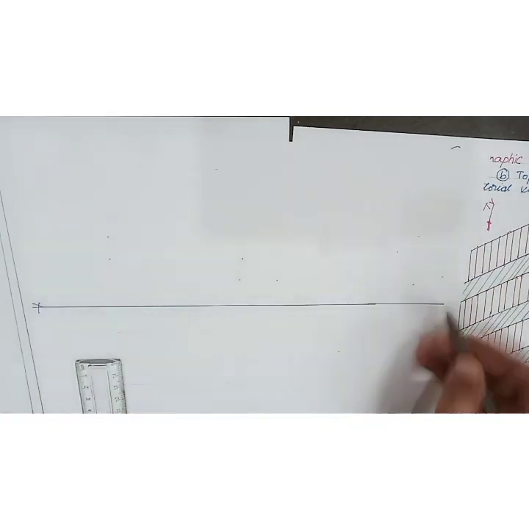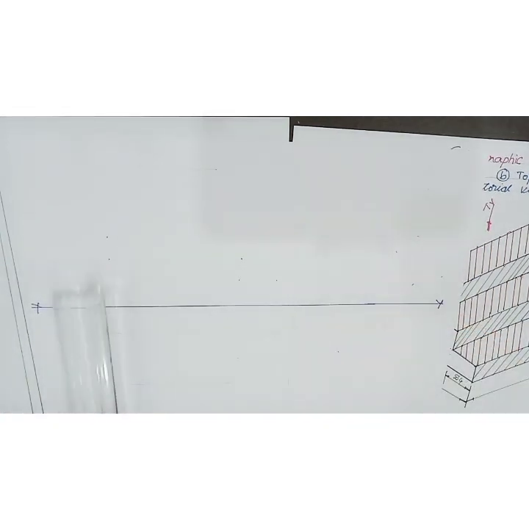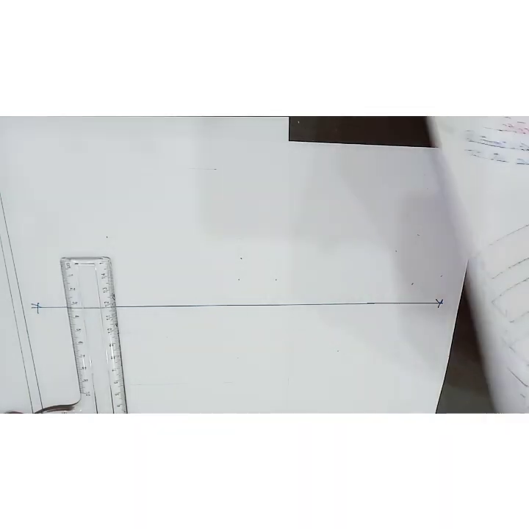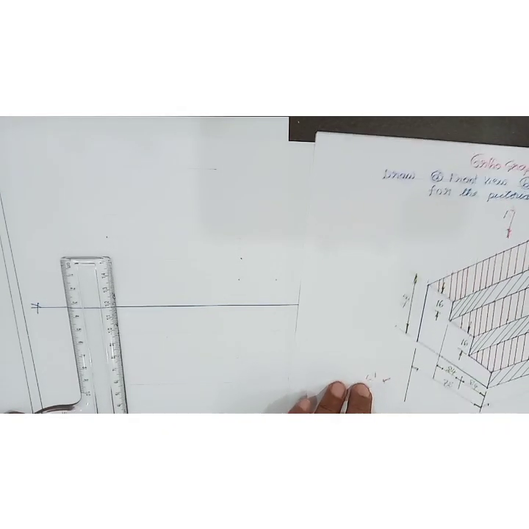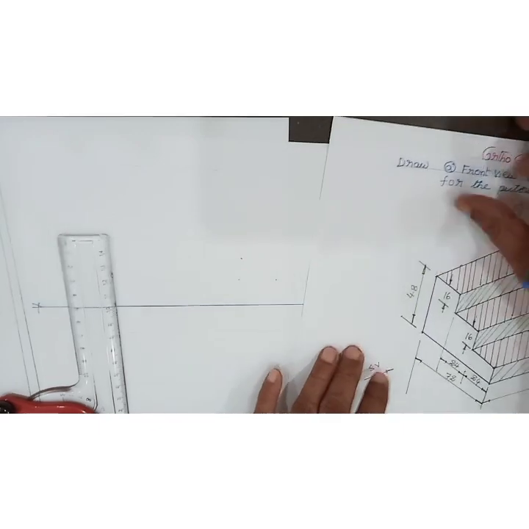Say X, Y. After that, see the image of front view.